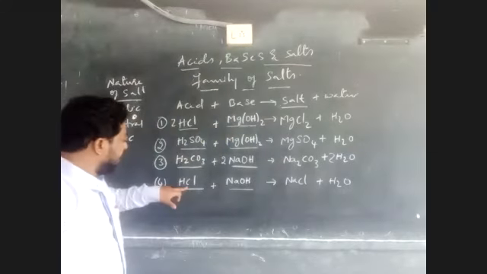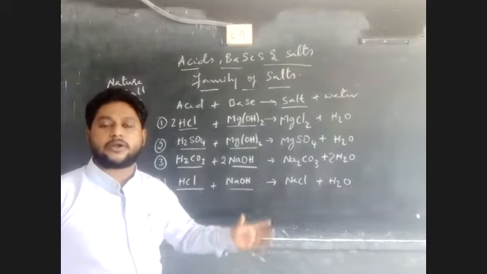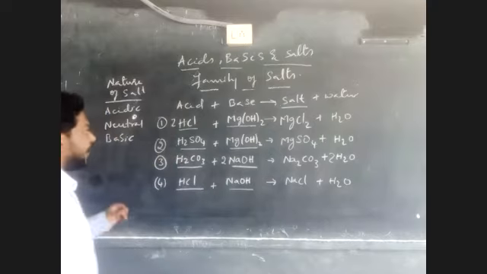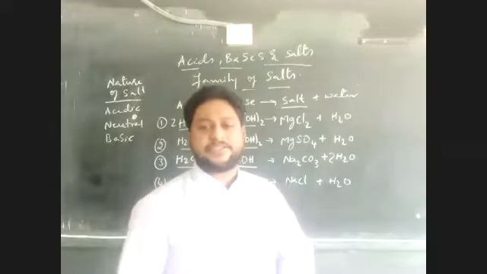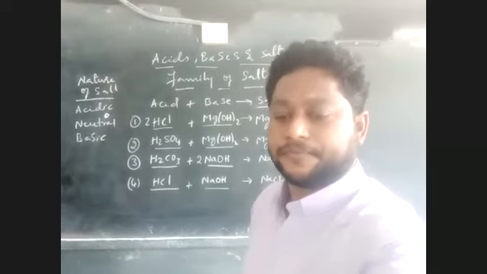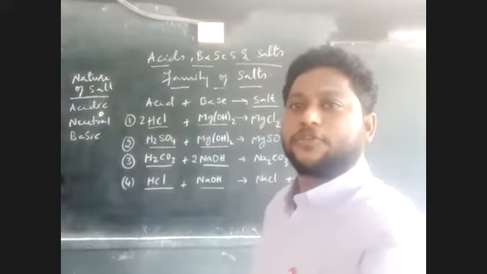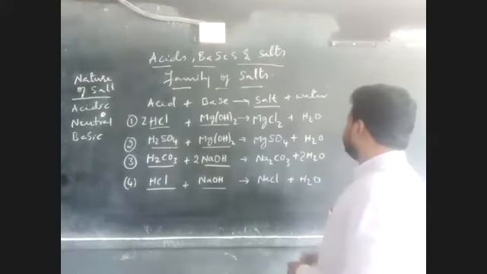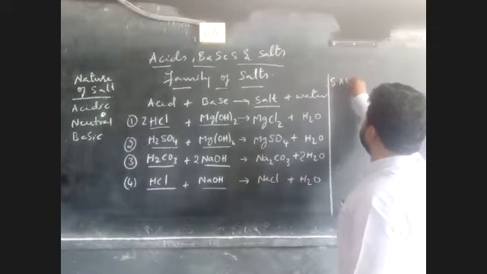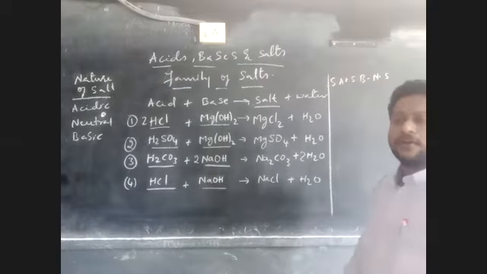So see here, how to find out the neutral salt? How to know that it is a neutral salt, an acidic salt or a basic salt? When strong acid reacts with strong base, that gives us neutral salt.